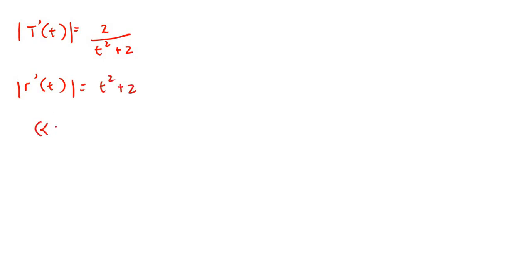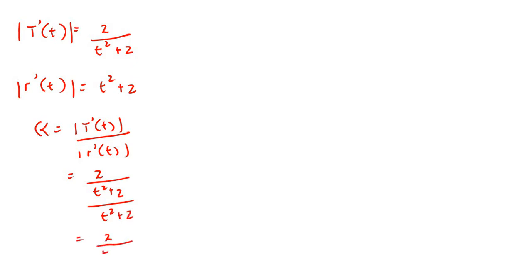So kappa is the magnitude of T prime t divided by the magnitude of R prime t, which is 2 over t squared plus 2, divided by t squared plus 2.